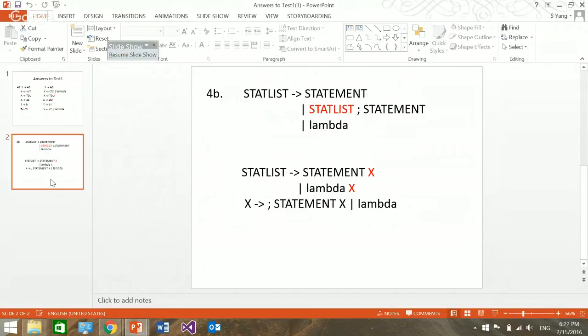Okay, so if I were to remove, notice X is a unit production. So how do I get rid of unit productions? I get rid of unit productions by taking whatever X is and putting it in there. So I'm actually putting the lambda back in that way. Okay, but I'm also putting X in. Okay, so that was a little bit of difference there.